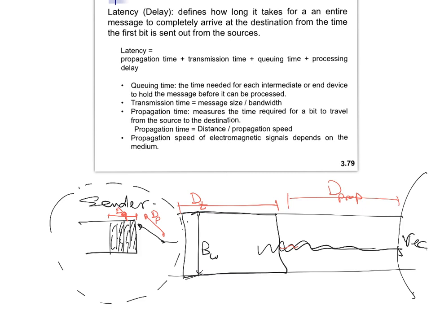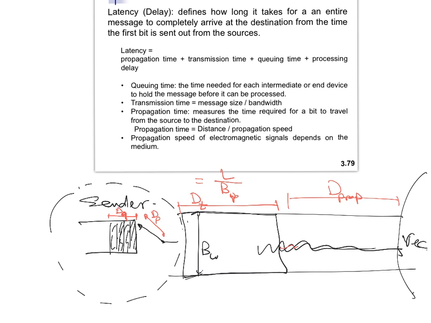The transmission delay is proportional to what? It's proportional to the width of this pipe, the bandwidth, right? And also proportional to the size of the bits, or the size of the frame or the packet. So in that case, this is L over the bandwidth in bits per second.